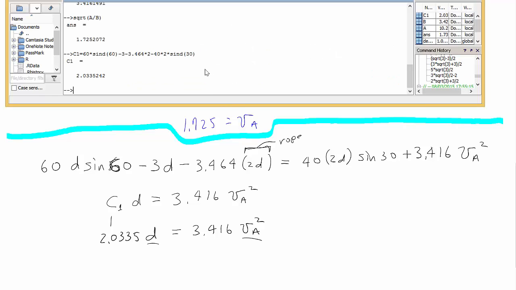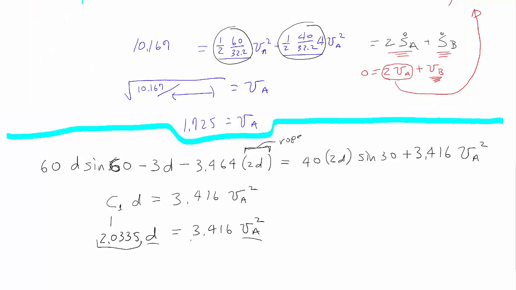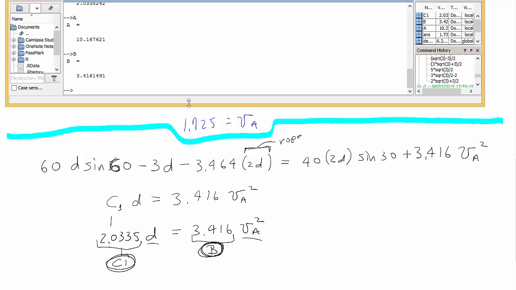Okay, so I have C. Now what was A? A was not, what was B? B was my value. So this right here is B in my Scilab, and this was C1 in the Scilab. So you'll see what I'm doing in a minute.